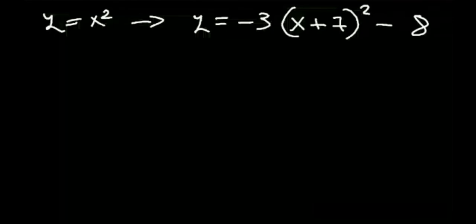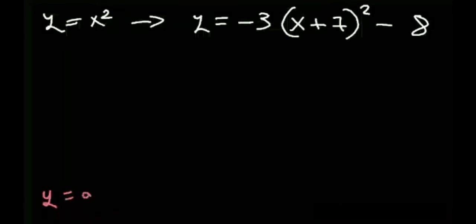First of all, we have to know the general formula very well. So y equals, and I prefer you writing this, a times (x minus h) squared plus k.